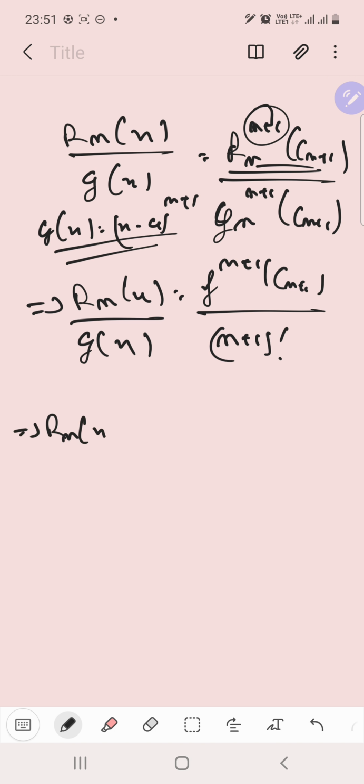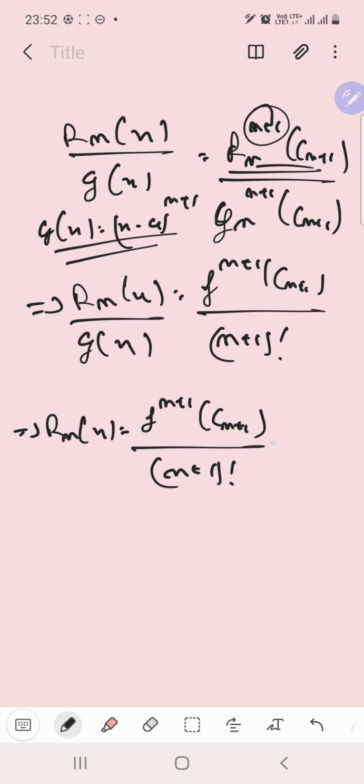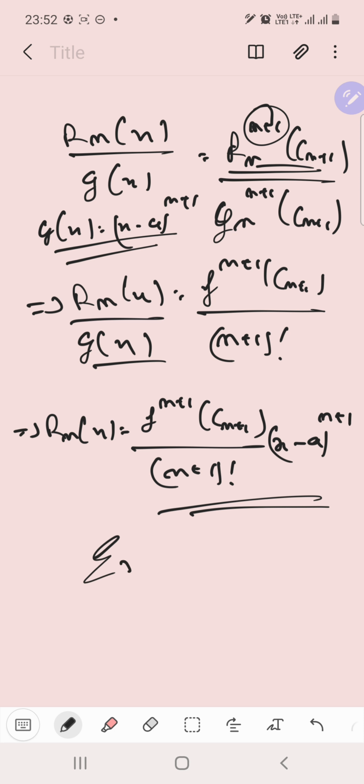From here we can say Rn(x) is equal to f^(n+1)(c(n+1)) over (n plus 1) factorial times, what is g(x), (x minus a) whole to the power n plus 1. Clear? Got it? So this is the mathematical structure for the remainder function, also called the error function.